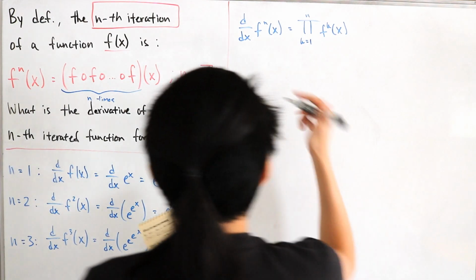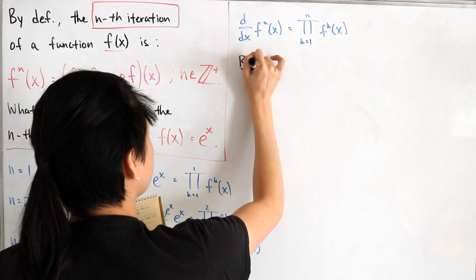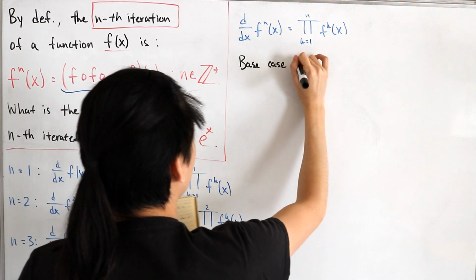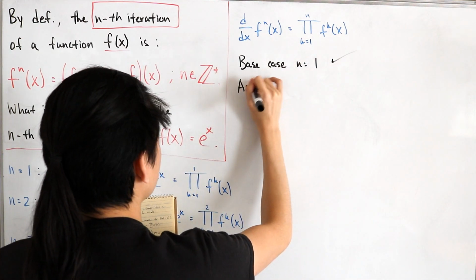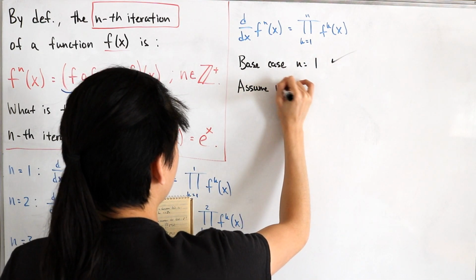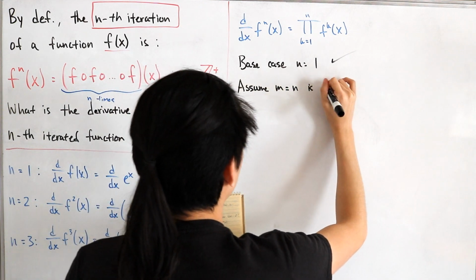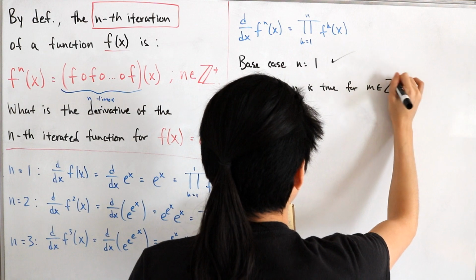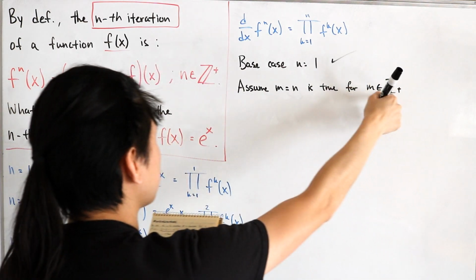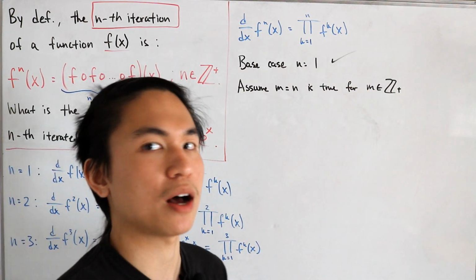I'm going to put this as: we say that the base case n is equal to 1. That's already checked off, so that's good. So now the next step is we want to assume it holds true for n equal to m, where m is a positive integer. I just denote a plus beside the integer symbol, denoting positive integers.